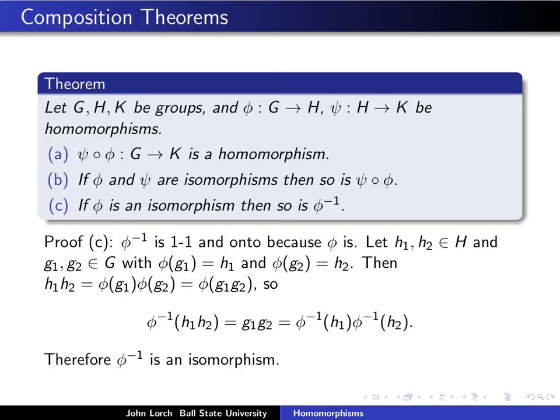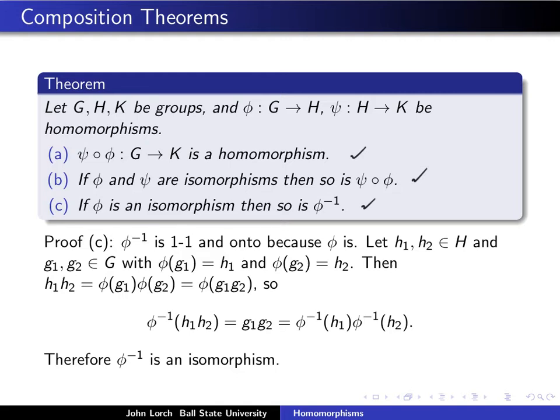Second, if the 2 homomorphisms are actually isomorphisms, then the composition, in addition to being a homomorphism, will also be an isomorphism. And then finally, if you take any isomorphism, because it's a bijection, you'll be able to form the inverse function. The inverse function is also guaranteed to be an isomorphism.